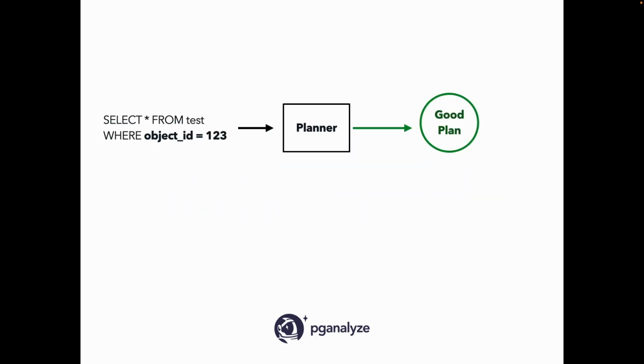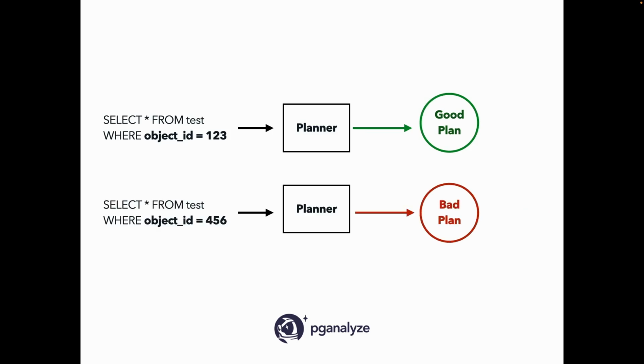So let me see if I can capture this correctly. We have here a simple example: object ID 123 goes into a planner. The planner gives us a good plan. There's also always a bad plan in a sense, it just has a higher cost, right? So when the planner makes up its mind about what plan to choose, it thinks about a plan that is probably worse, and it's not returned because it has a higher cost, 300 in this case.